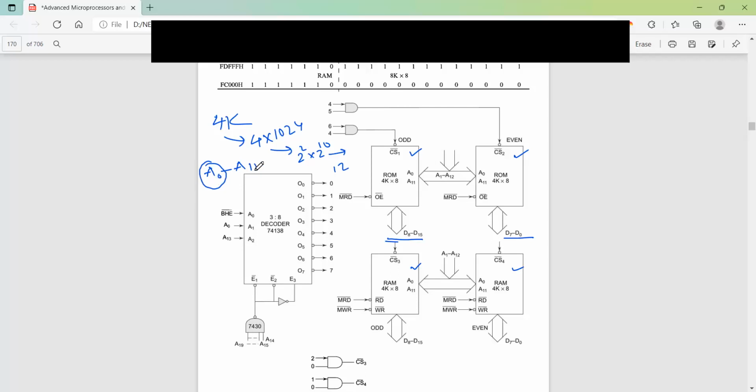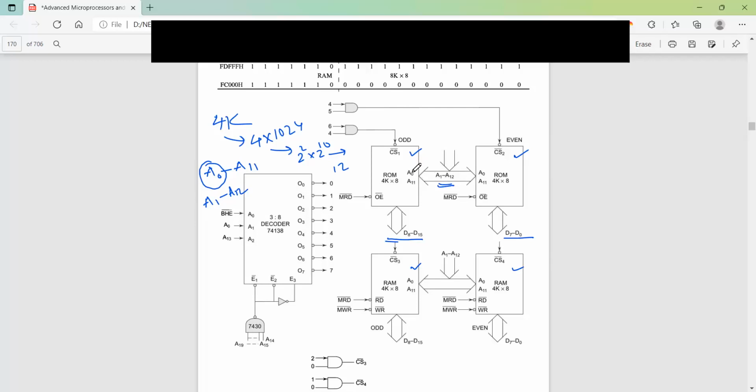So if we take A0 to A11, that is also fine. If we take A1 to A12, that is also fine. Here the A0 is kept separate. You can see over here, A1 to A12 of the address bus, this number which is written over here, is of the address bus of the 8086.